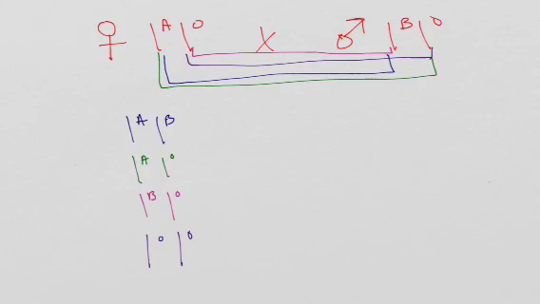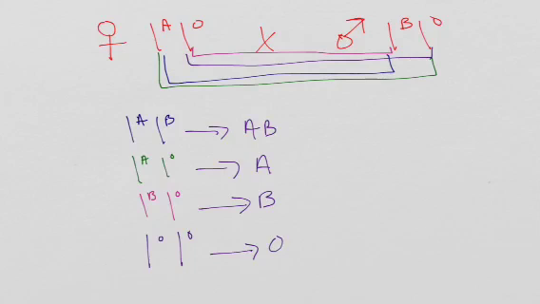So if somebody with blood type IA IO is crossed with somebody with blood type IB IO, their offspring has a 1 in 4 chance, or a 25% chance, of being either blood type AB, blood type A, blood type B, or blood type O, by the simple FOIL method.